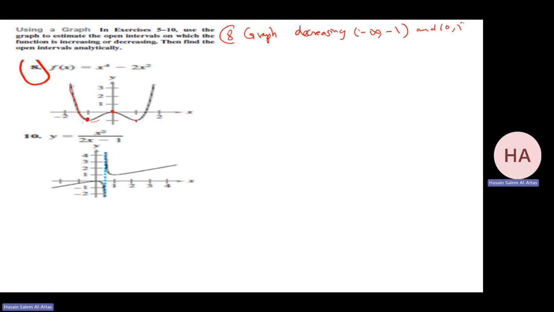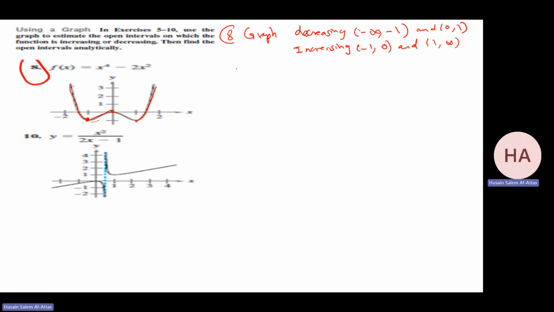Increasing from minus 1 to 0, sorry, not to 1, up to 0. And from 1 up to infinity, increasing.